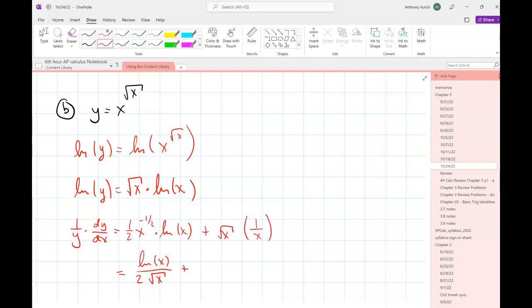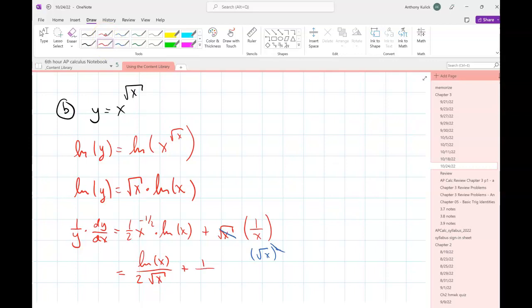What do I get when I multiply x times 1/x? I would think about the x in the denominator there as 1 over square root x. So when I multiply, I just get 1 over the square root of x. You guys cool with that?